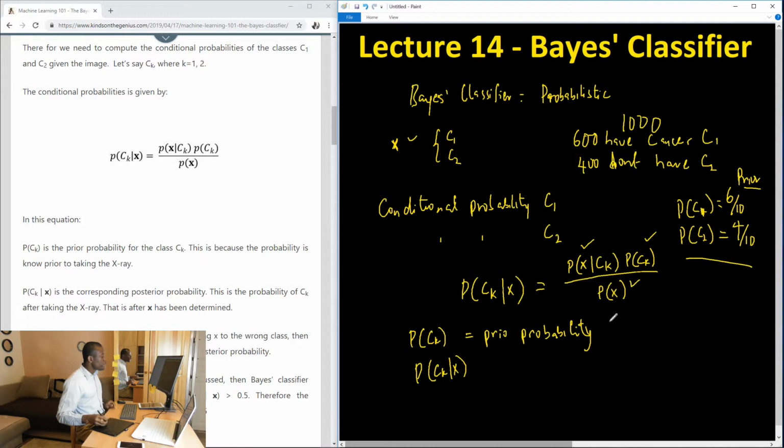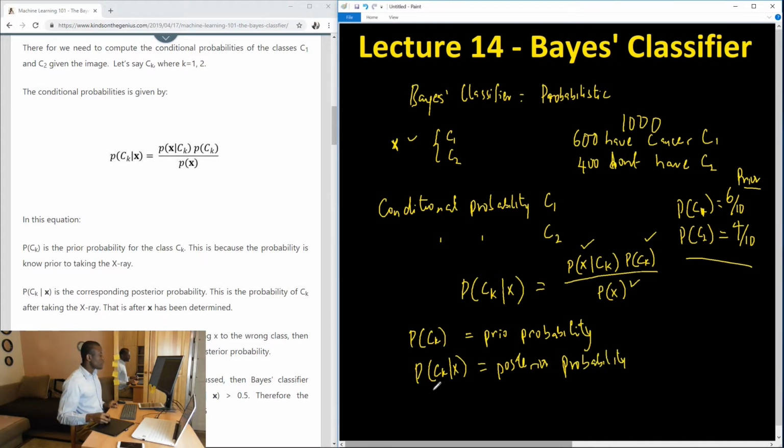So it's called posterior probability because we are trying to calculate this probability after we've taken the X-ray image. It is no longer the probability that we already know based on the number of patients we've evaluated in past years. It is the probability we now want to calculate after we have taken an X-ray image of a new patient. So it's called posterior probability.